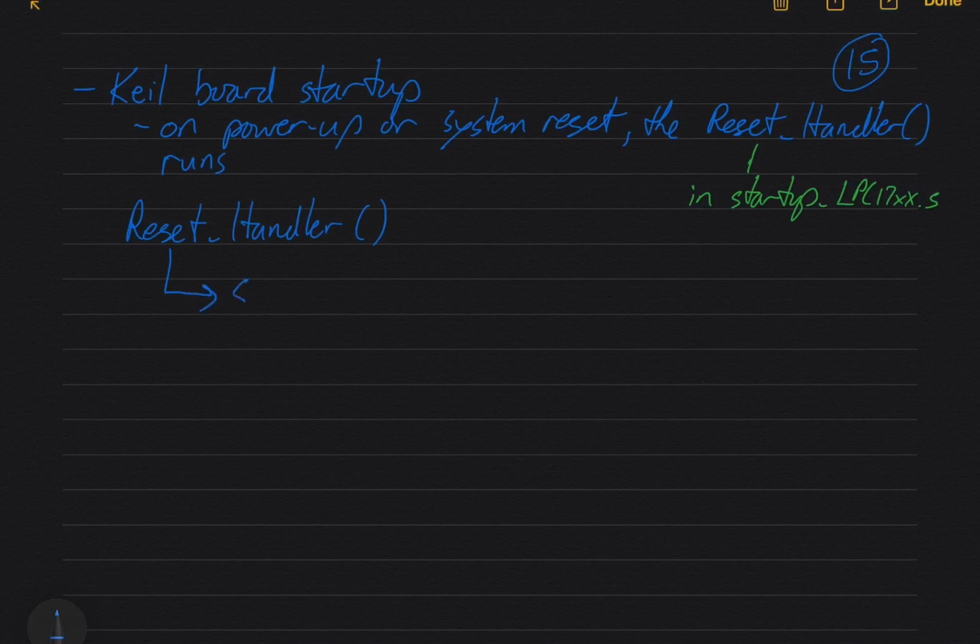So the first thing it does is it invokes a function called system_init. So you can actually look at that assembly file and you can find the reset handler in there, and you can see it invoking these functions. And what system_init does is it sets up the basic hardware for you.